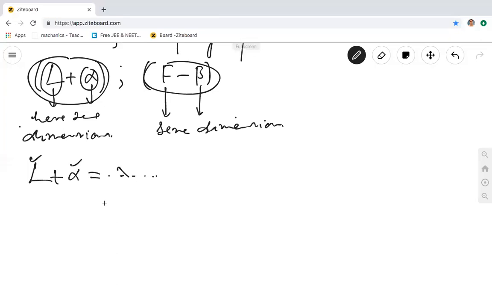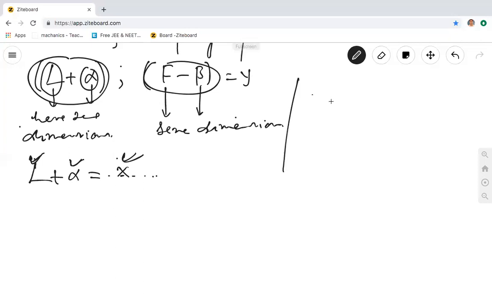Okay, let me suppose x. This x also has the same dimension. You understand that? Yes, sir. So this L, this alpha, and this x all have the same dimensions. Suppose this F minus beta is equal to y. Here F, beta, and y all have the same dimensions.